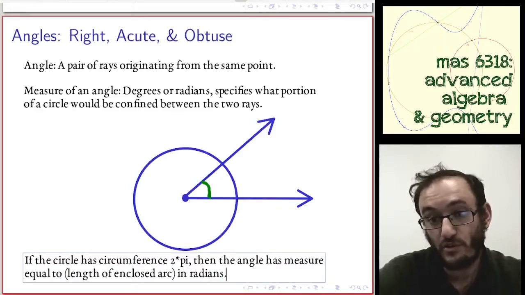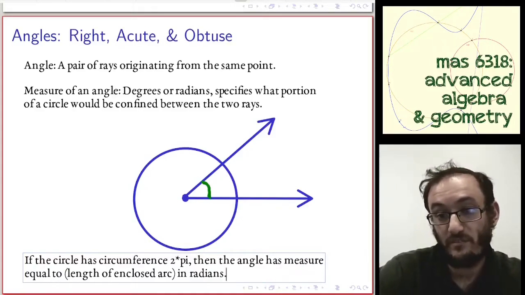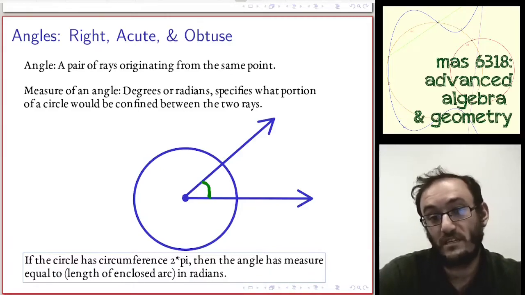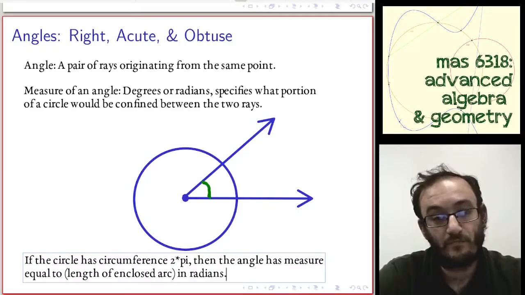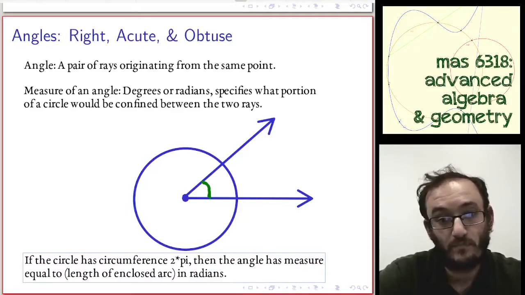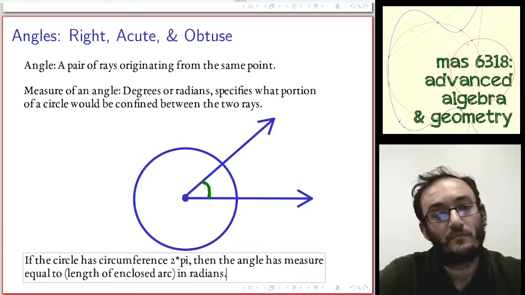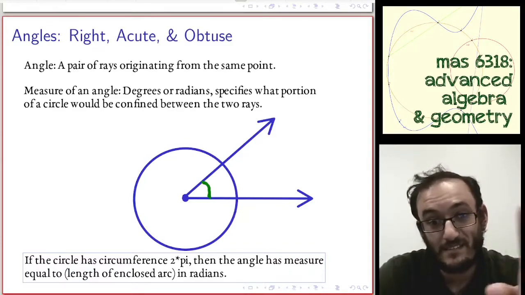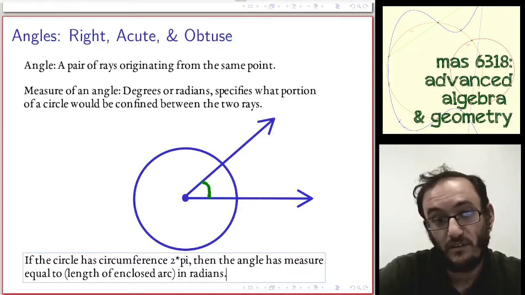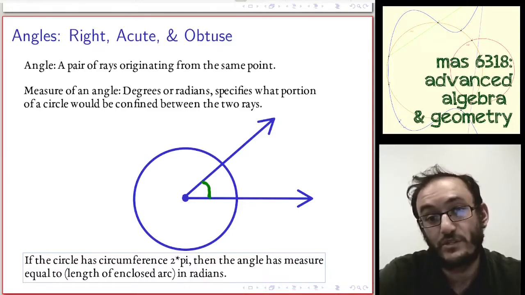If you have a quarter circle, that would be 2 pi divided by 4, or pi over 2, and that would tell you that you're looking at an angle of pi over 2. If you're doing things in degrees, then just take 360 degrees as the distance around the circle and take the fraction of the circle times 360 degrees.